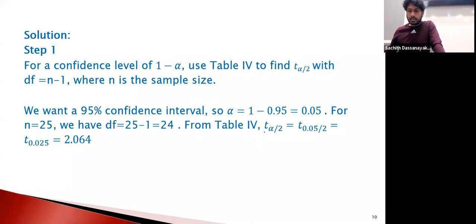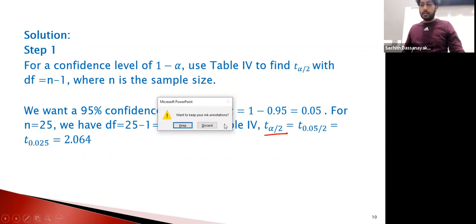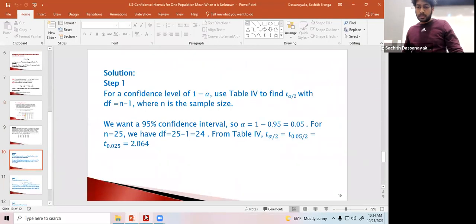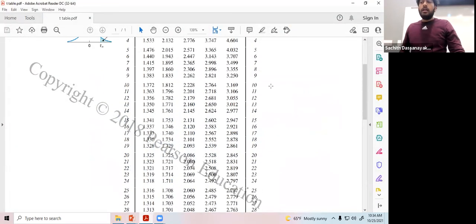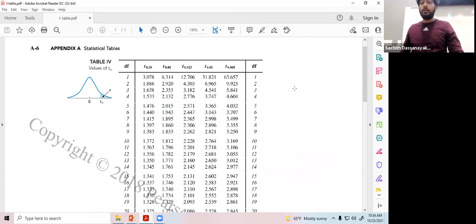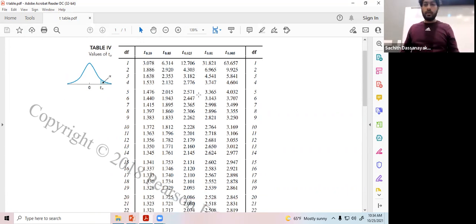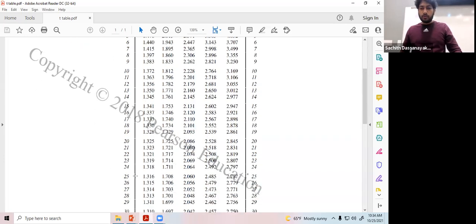Okay, they have found that value. Let me show you how to find it. 0.025, third column. What was the degree of freedom? 24, right? Third column, which means this middle one, 24.